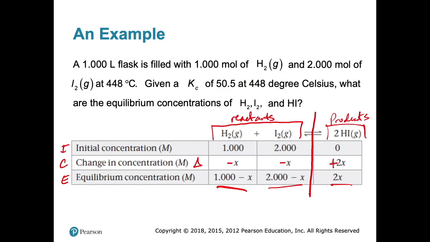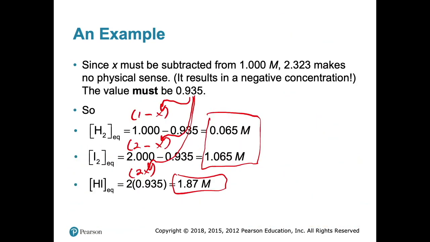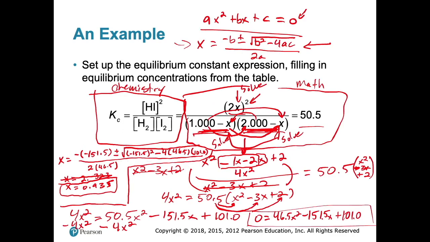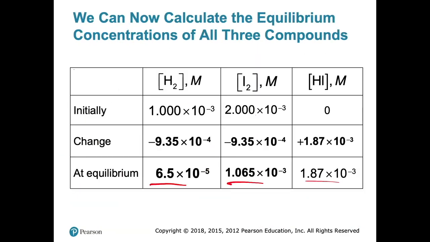You come over and do the quadratic equation, and then you get these answers here. And look at that number right there, it's actually off the order of magnitude of the same number, 1.87. Isn't that crazy? Crazy stuff.